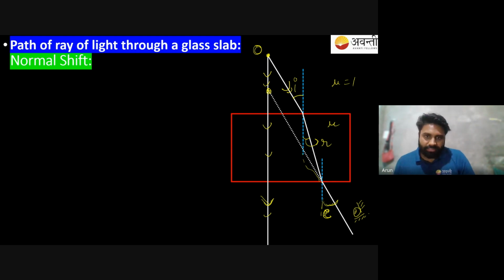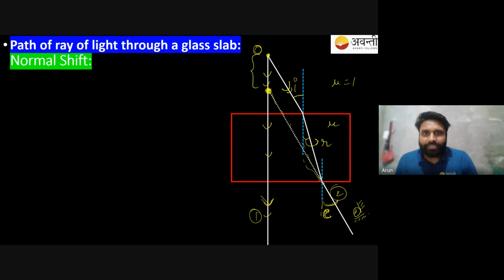But ray number 1 and ray number 2 will never meet. These are diverging, so they have to be extended backward. In this section they meet, and this is the virtual position of the image. So if I extend this ray, it would appear to be coming from this position.